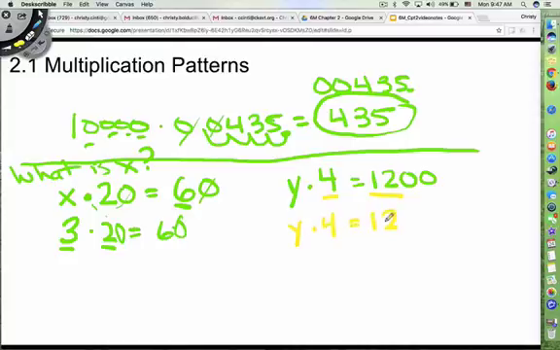What times 4 is equal to 12? Already you know that 3 times 4 is equal to 12. Now there are these zeros to contend with. These two zeros must have come from this number here because they're definitely not on that 4. So now you know it's 300 times 4 is equal to 1,200, because those zeros brought those zeros in.